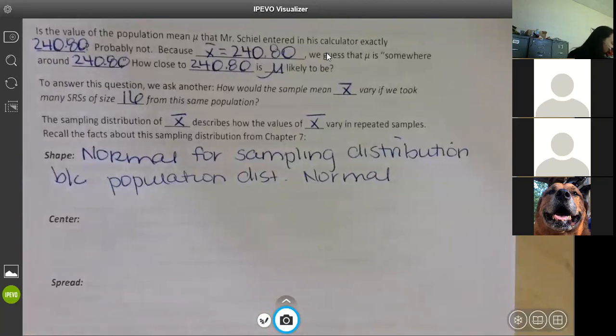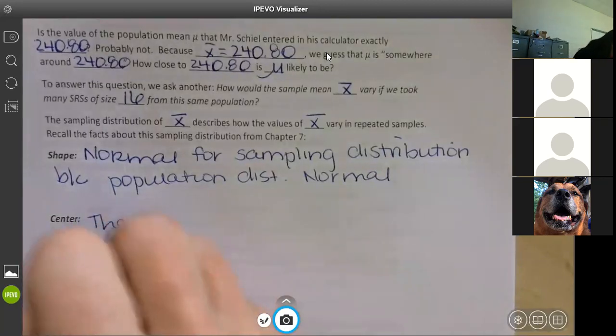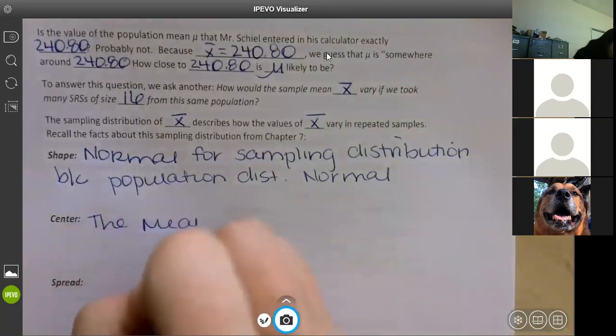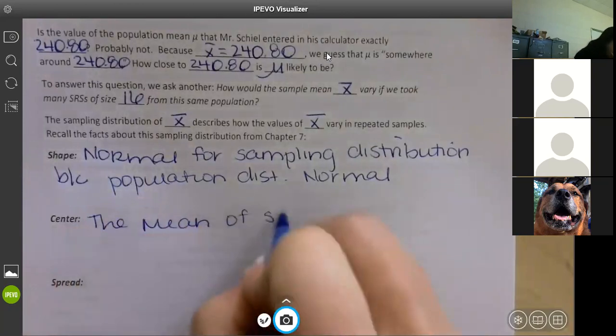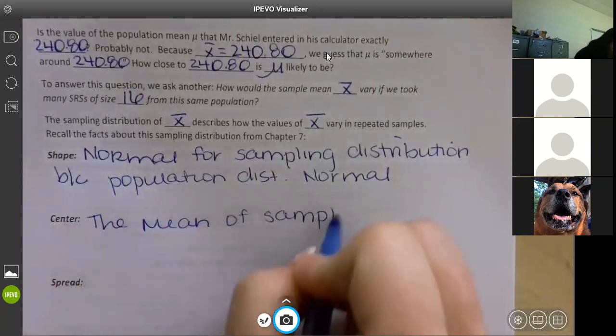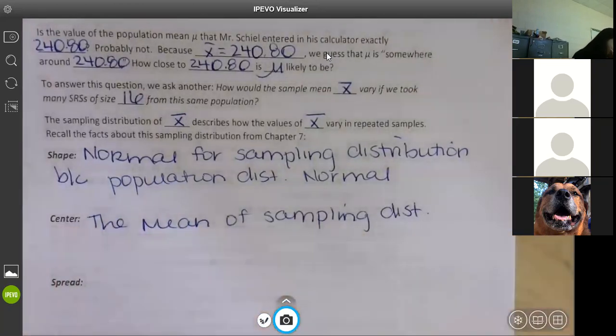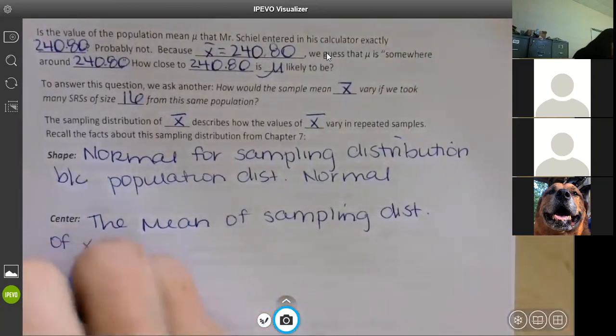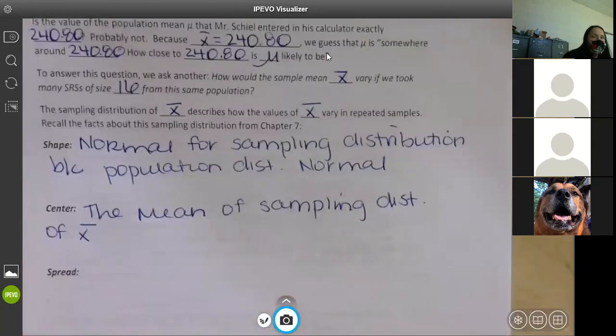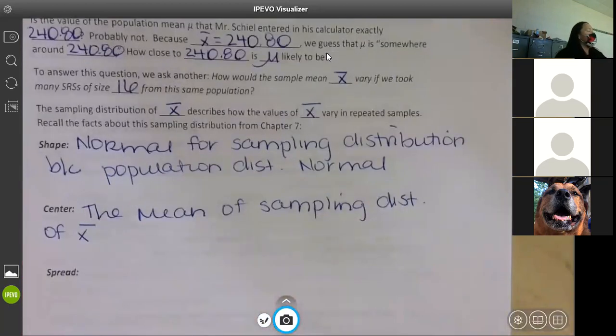So the center, the mean of the sampling distribution of X bar. We know that the center, remember when we did our stuff from chapter 7, we said that mu sub X bar was equal to mu, the population mean.